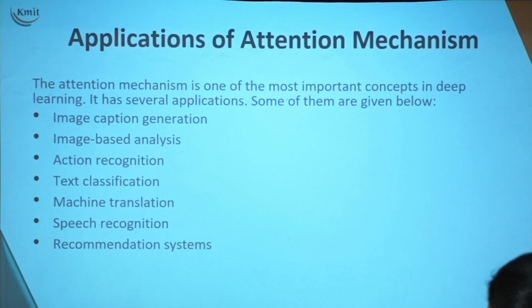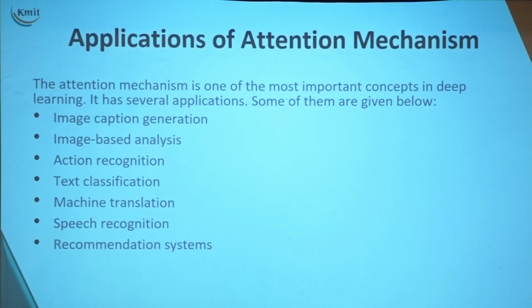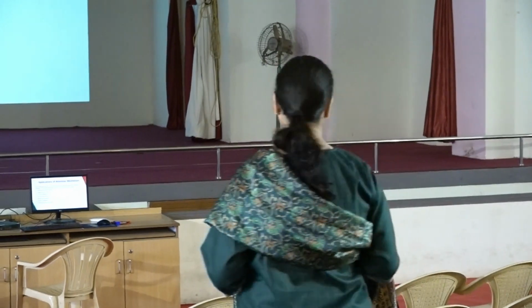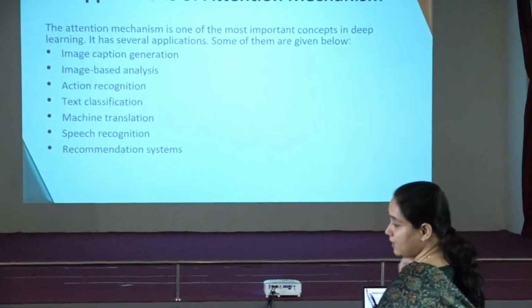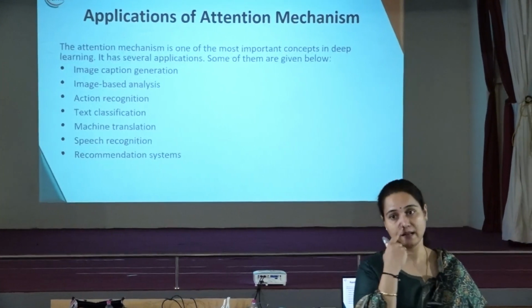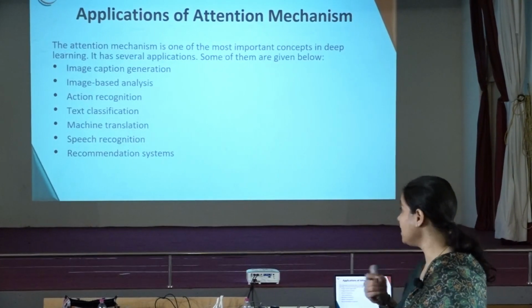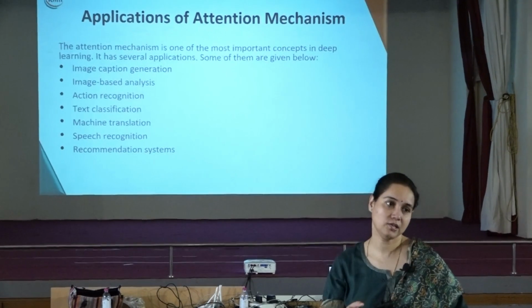There are some of the applications that I have listed over there, like image caption generation. Looking at the image, you will be generating a caption out of it. That is possible when the machine gives attention to that particular image. Image-based analysis, action recognition, text classification. I am concentrating more here because I am teaching you NLP. So text classification, machine translation, speech recognition, recommendation system.